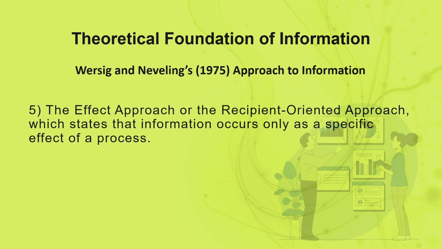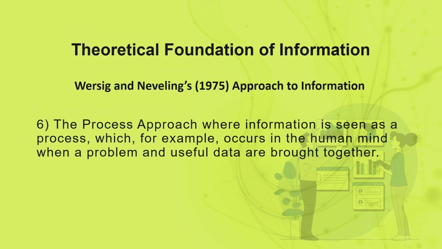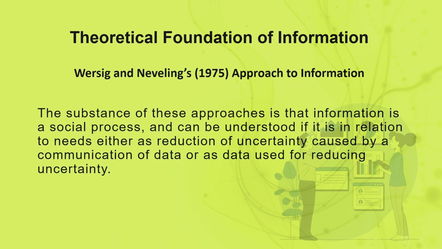The effect approach or the recipient approach states that information occurs only as a specific effect of a process, and Wersig and Neveling's process approach is used to see information as a process which, for example, occurs in the human mind when a problem and useful data are brought together. The substance of these approaches is that information is a social process.